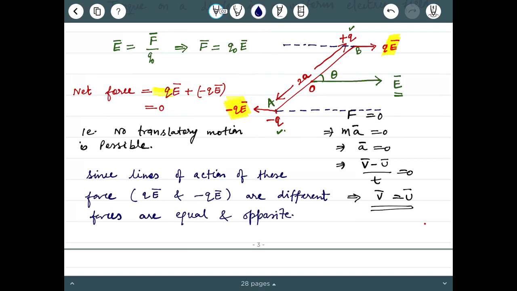Hence they form a couple. This thing we need to remember.